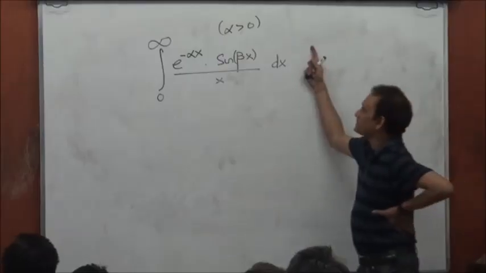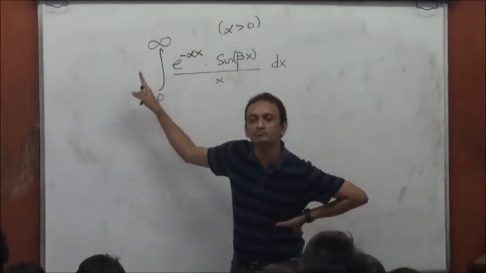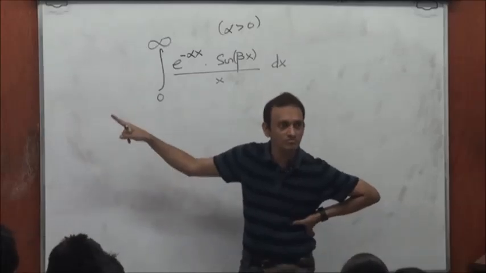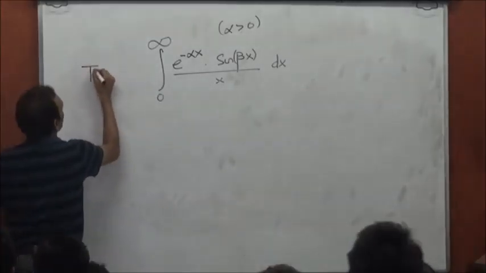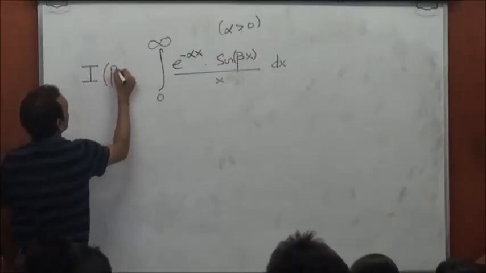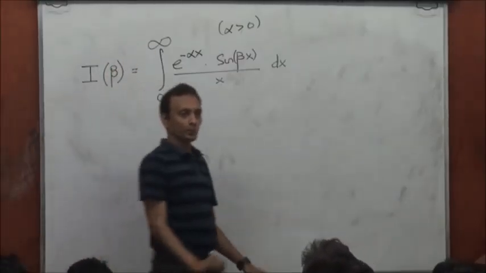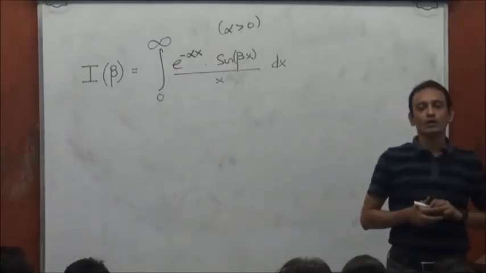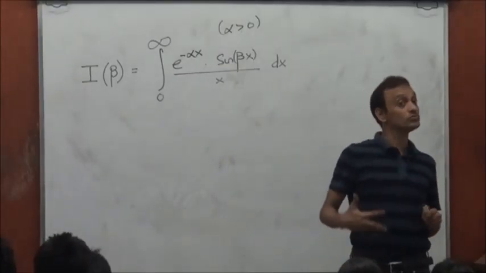So when I integrate it and supply the limits of integration, this whole thing will turn out to be a function of beta. Let me differentiate this with respect to beta.